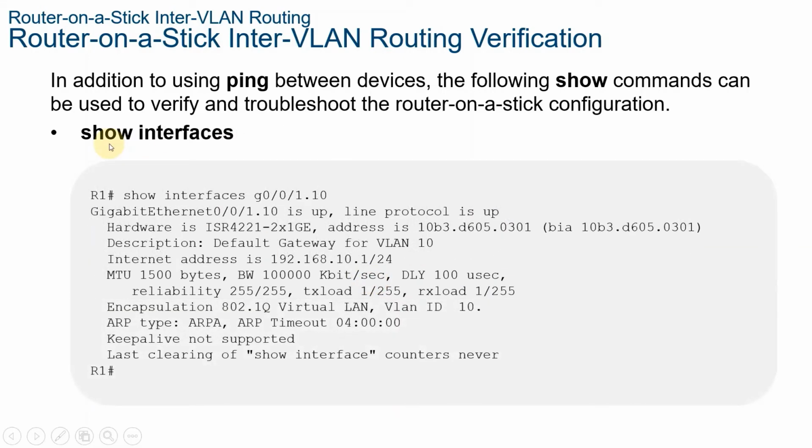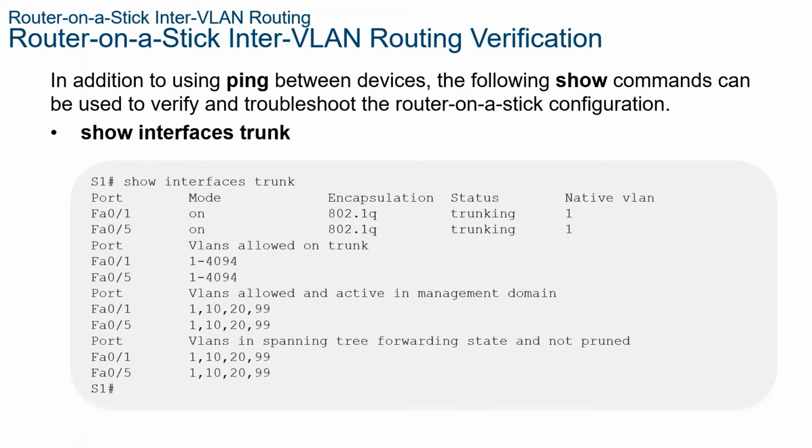Next would be show interfaces. Subinterfaces can be verified using the show interfaces subinterface ID command, as shown here: show interfaces G0/0/1.10. The next command is show interfaces trunk. The misconfiguration can also be on the trunking port of the switch.